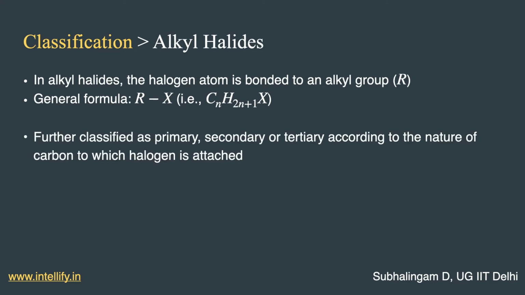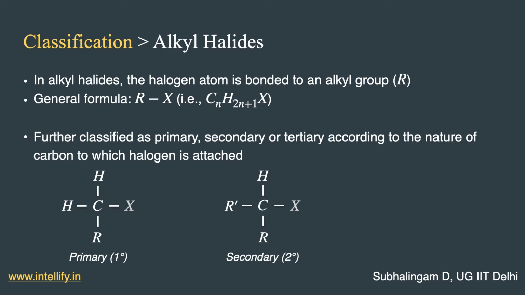Further, we can classify these alkyl halides as primary, secondary or tertiary according to the nature of the carbon to which the halogen is attached. So here we have a primary haloalkane. We call it primary because the carbon to which the halogen is attached has one alkyl group and two hydrogen atoms.